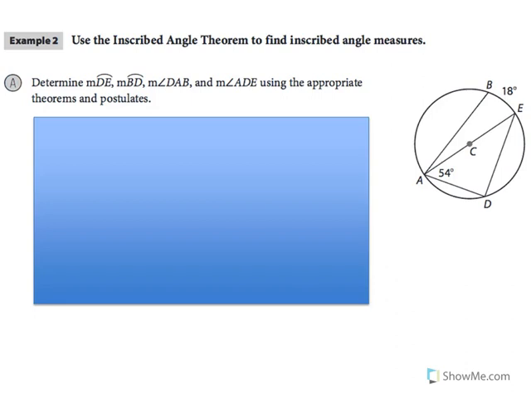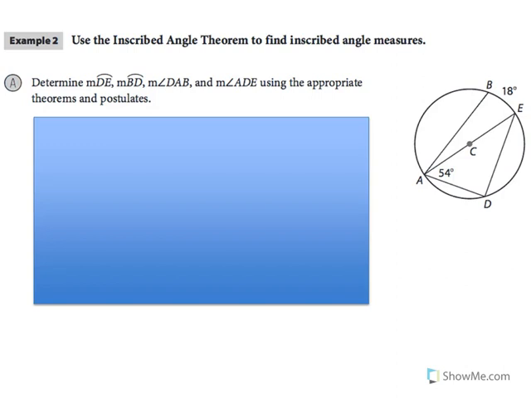Example 2, use the inscribed angle theorem to find the inscribed angle measures. Determine the measurement for arc DE, arc BD, and the angle DAB and the angle ADE using the appropriate theorem and postulate.